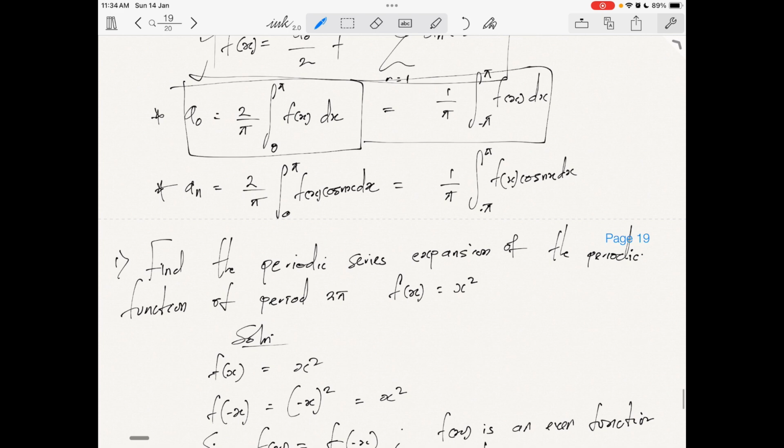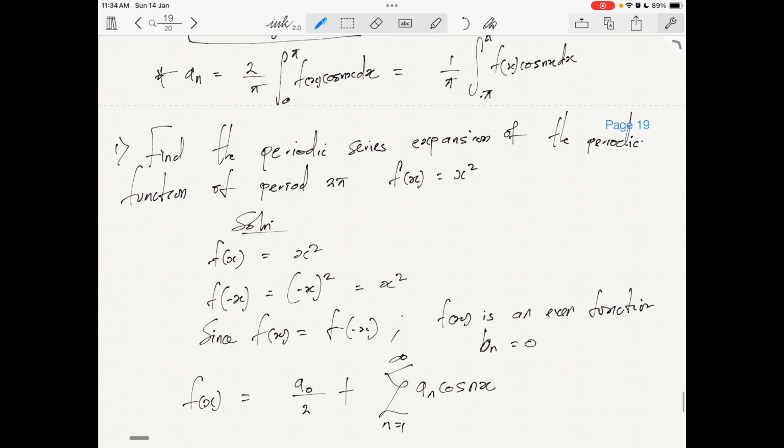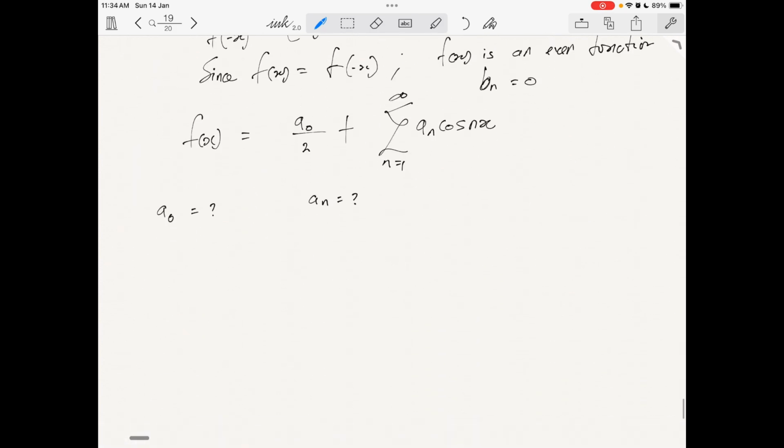So a naught using this is 2 over pi integral from 0 to pi of f of x dx. And we know that this is also the same thing as 1 over pi integral from minus pi to pi of f of x dx.